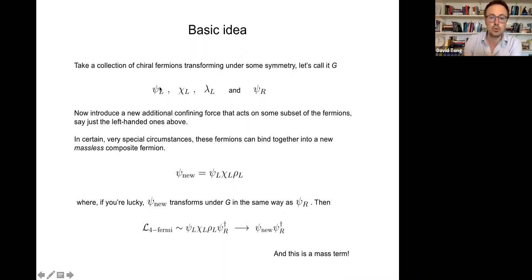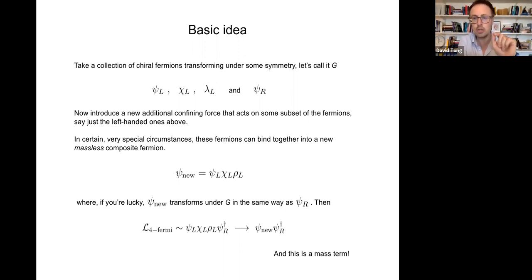What I'm going to do is introduce a new confining force which acts just on some subset of these fermions. Just for the sake of argument, let's take it to act just on the left-handed fermions. The goal is to find a confining force that binds these left-handed fermions together into new massless composite fermions.